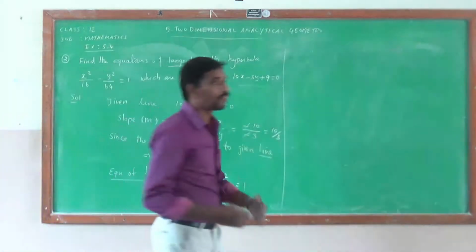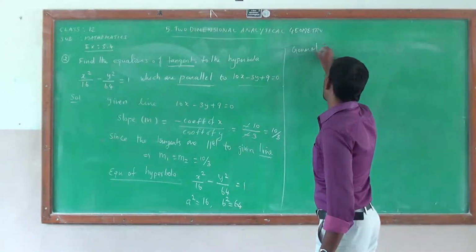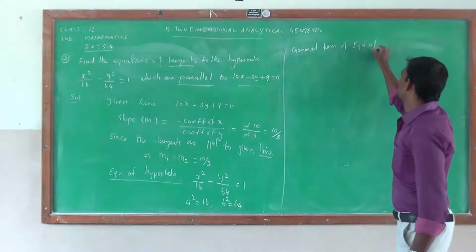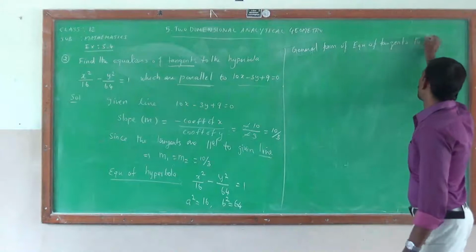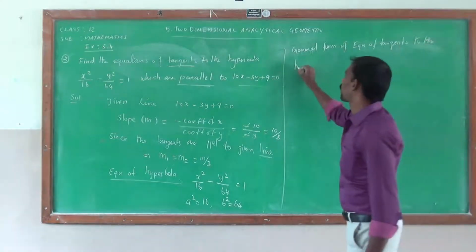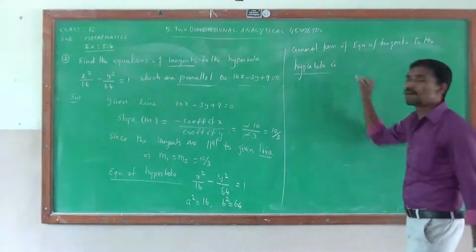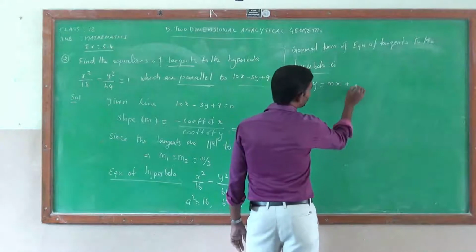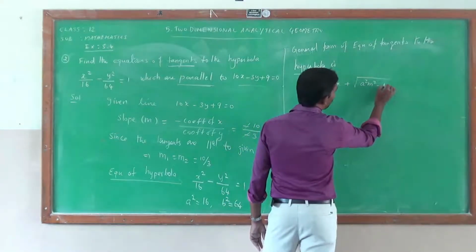Now the general form of the equation of tangents to the hyperbola is y is equal to mx plus or minus square root of a square m square minus b square.